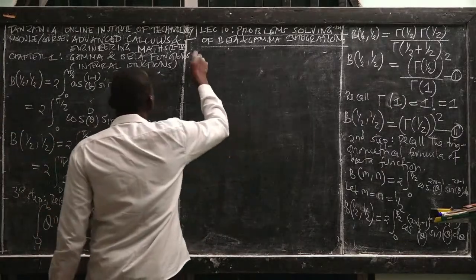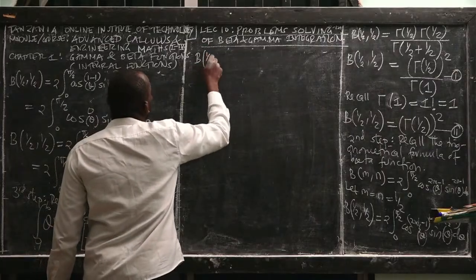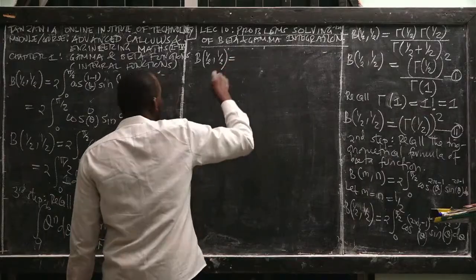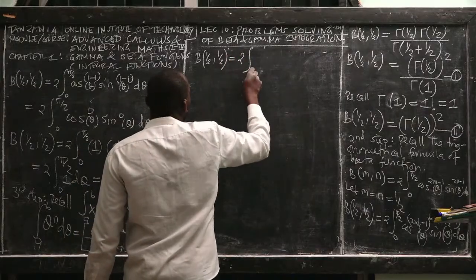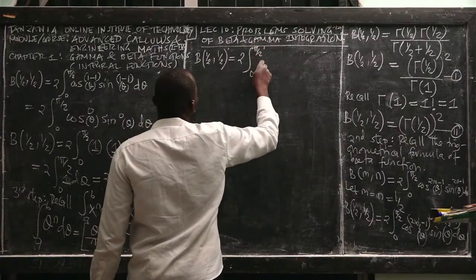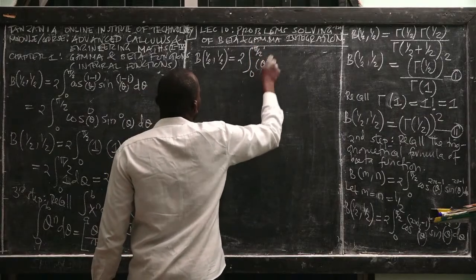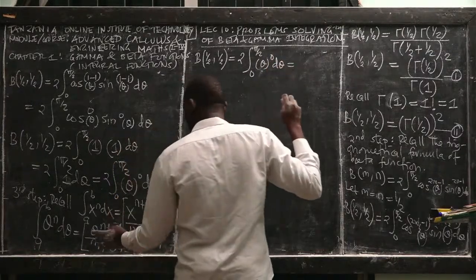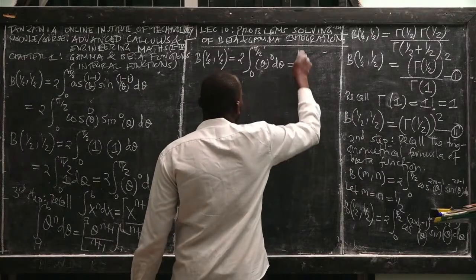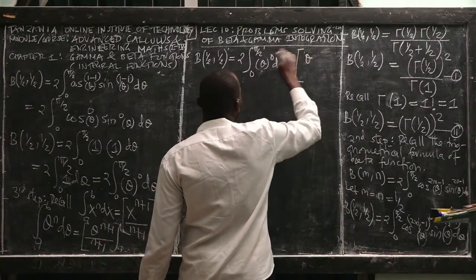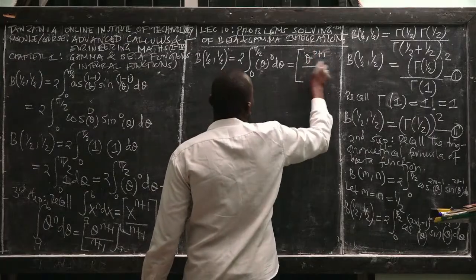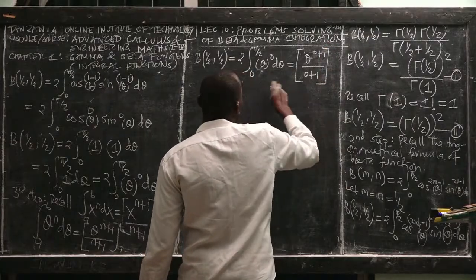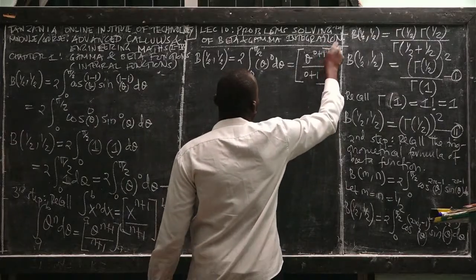So beta of a half, comma, a half is equal to 2 integral from 0 to pi over 2 of theta power 0 d theta. So we use this rule. Our n is 0, so we have theta power 0 plus 1 over 0 plus 1. These are the ordinary integration rules, from 0 to pi over 2.